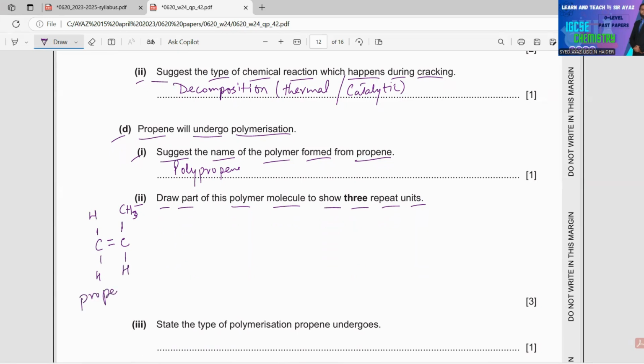This is a monomer. Now they are saying draw part of this polymer and you have to show 3 repeat units. What you have to do is simply remove the double bond between these. So you have 3 repeat units in this way.